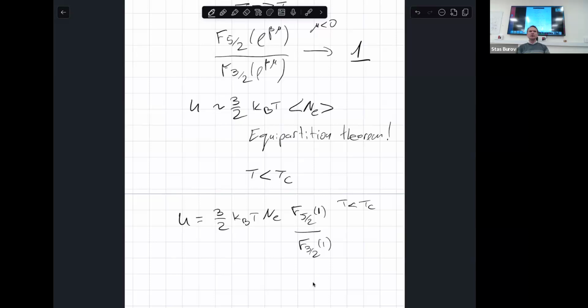Why is it 1? Because I don't know what the fugacity looks like, but I know that the polylogarithmic function converges to a specific quantity when the fugacity goes to 1. Okay? So this is my behavior.